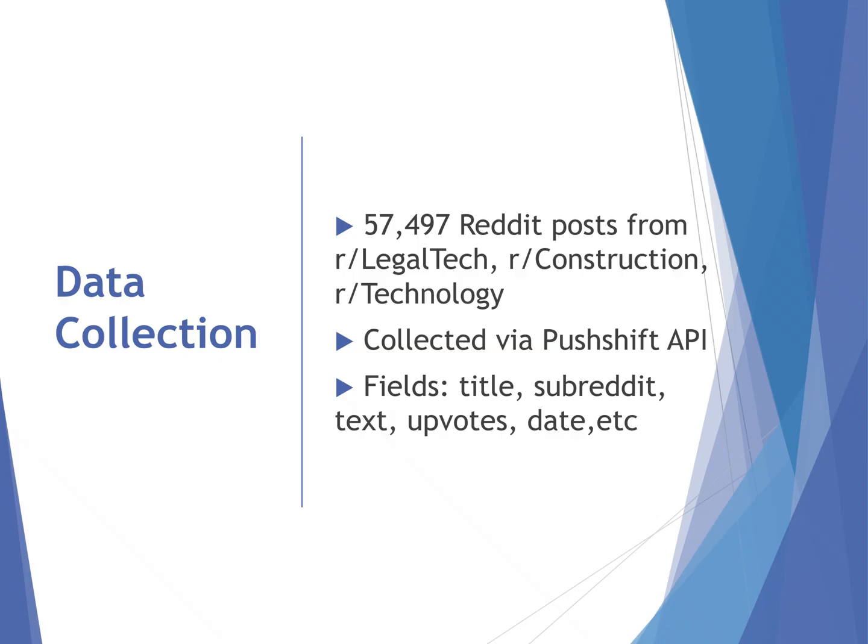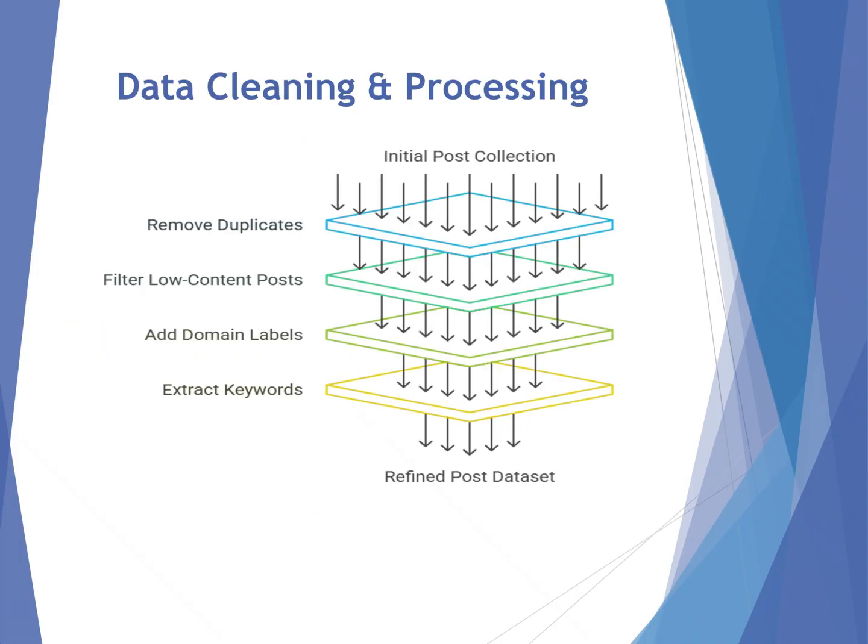Altogether, I collected about 57,000 posts, including titles, text, upvotes, and timestamps, etc. The data was big and messy at first, but it gave me a great foundation for exploring how people in different industries talk about software. This stage really showed me how much variety there is in real Reddit discussion. Everything from tool recommendations to long complaint threads.